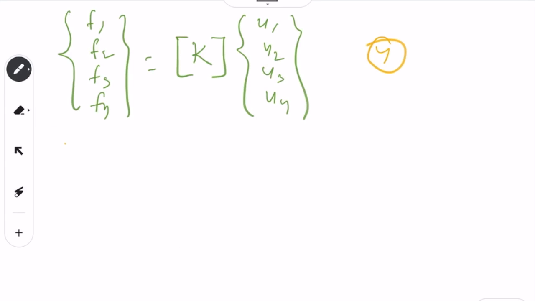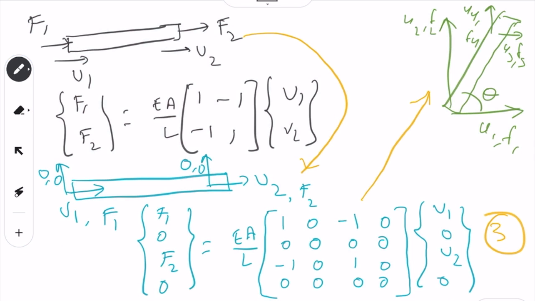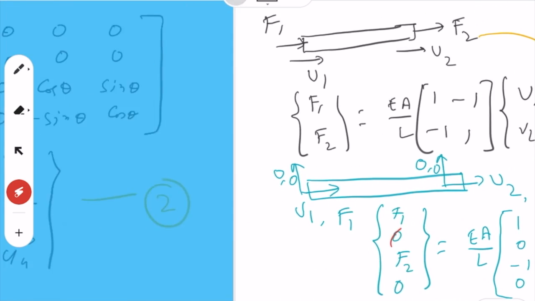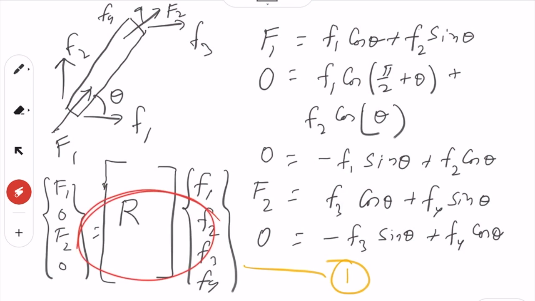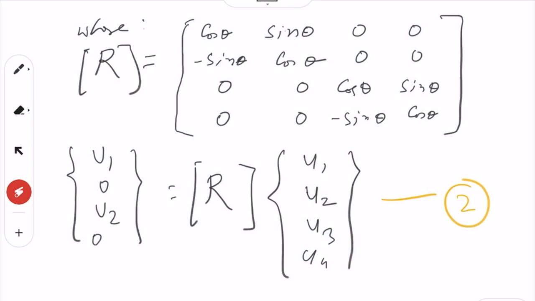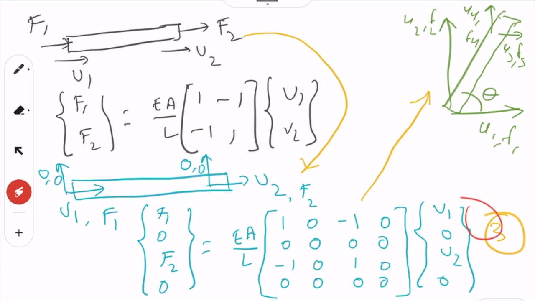So from 3, what do we have? We have this equation. However, we also have f1, and this vector is also defined in terms of equation number 1. So you will put 1 and 2 in equation 3.